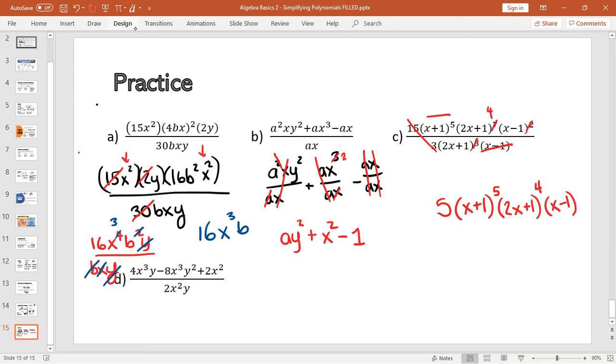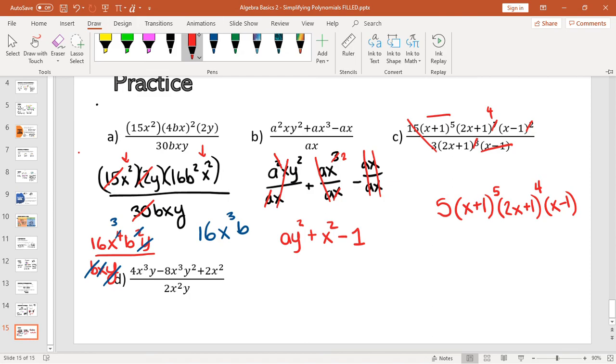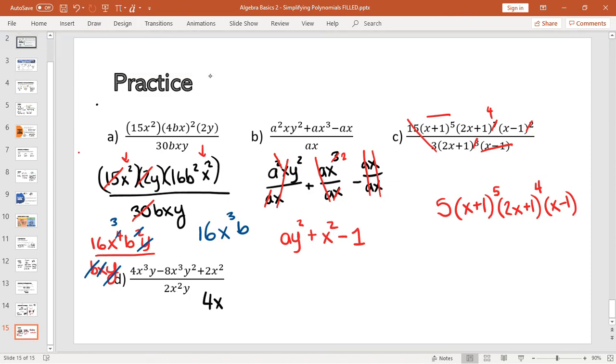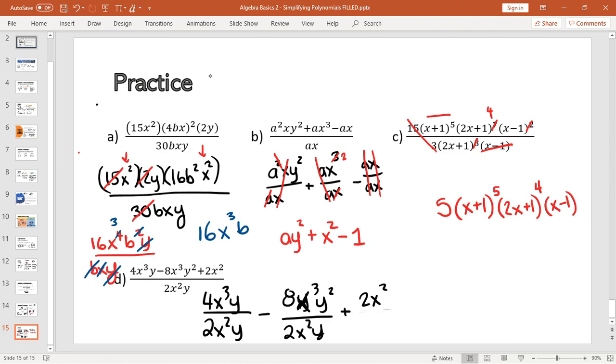All right, our last one. I'm going to try and fit it across the bottom. 4x cubed y over 2x squared y minus 8, whoops, off to the races, x cubed y squared, that's hideous, over 2x squared y, always the same denominator, plus 2x squared over 2x squared y.